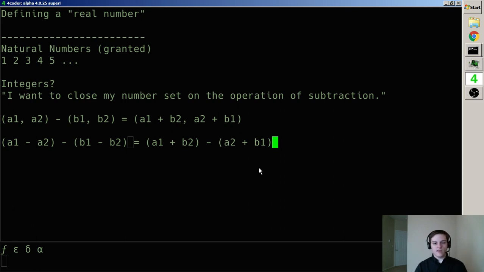It's that we choose to define it this way because this is the thing we actually are talking about when we talk about integers. Right? This has the same structure as this under subtraction. So, if you agree that this is how integers work, then it turns out that these pairs are just a goofy way of writing down integers, right?